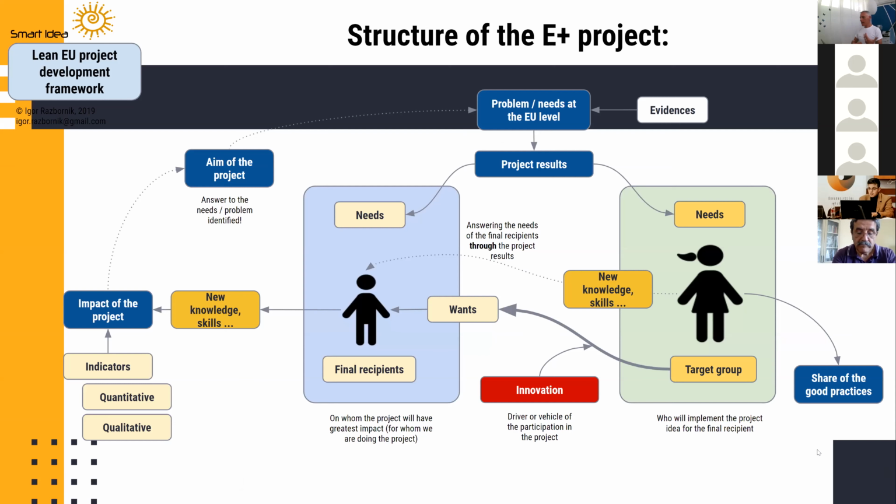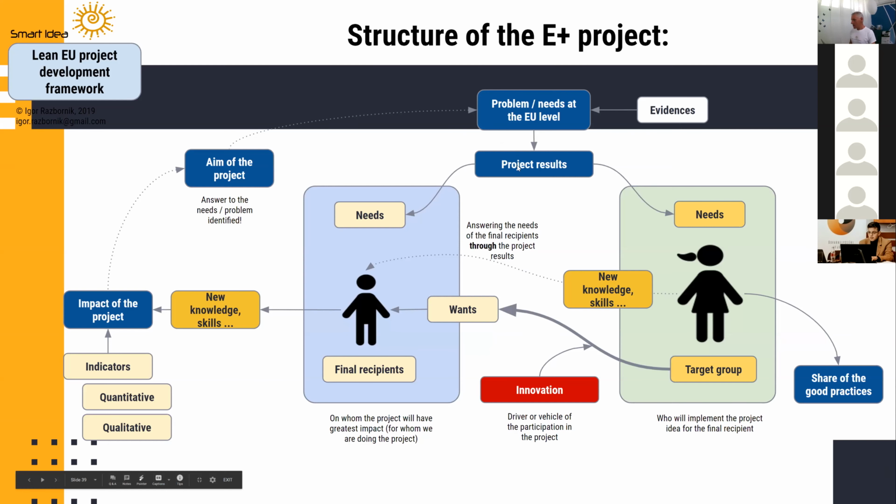So this is another view on the problem, needs and analysis. Project results, as already said, address two different sets of needs. For example, teachers know what they need to do, and they will need to teach the final recipients.